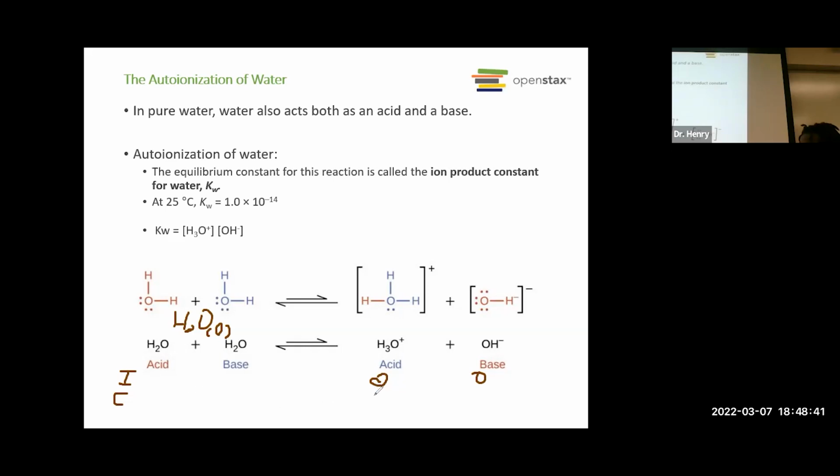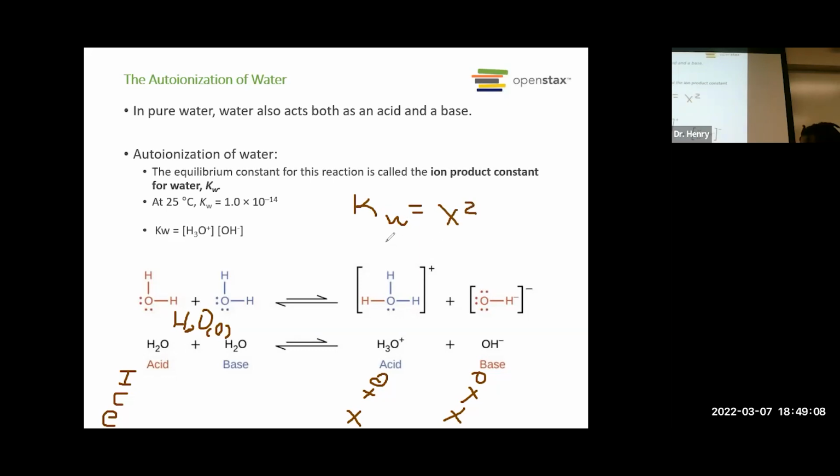So then this would be X, right? And then this would be X, right? So then E is just going to be X, right? Okay, so then I get Kw equals X squared.